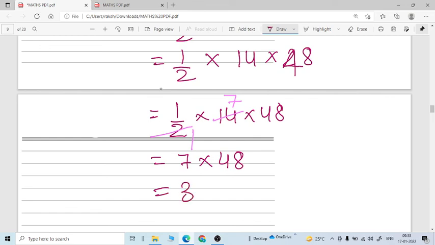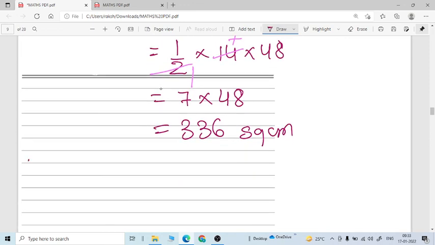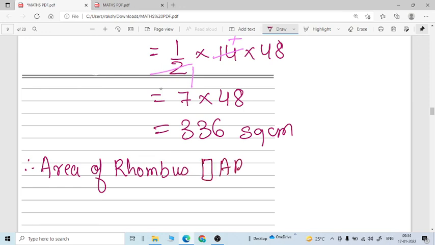Yes, that is 336 square centimeter. So therefore the area of rhombus ABCD is 336 centimeter square.